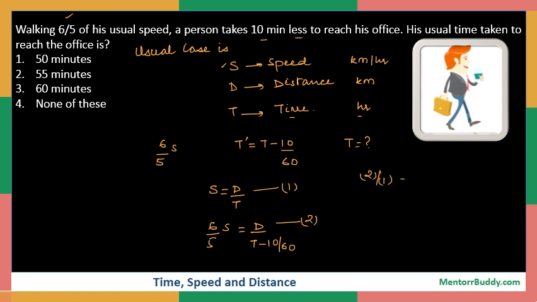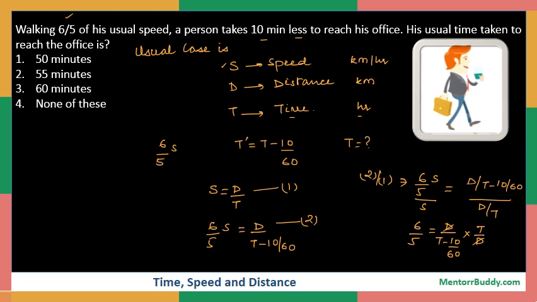and equation 1, I directly get 6 by 5 times of s divided by s is equal to d divided by t minus 10 by 60 upon d divided by t. So this gives us 6 by 5 is equal to d upon t minus 10 upon 60 multiplied by t divided by d, where d gets cancelled.